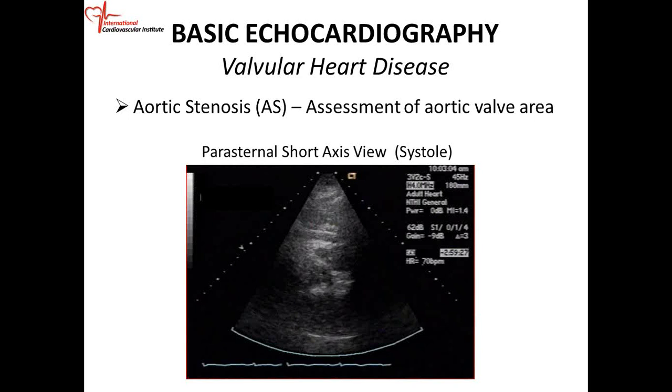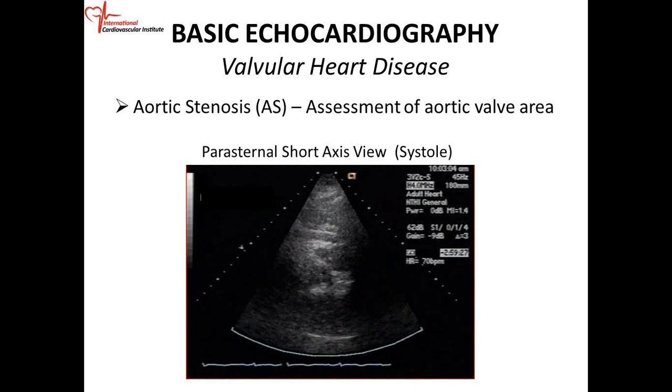If you can do planimetry, it's not a very accepted approach for valve measurement, but you can do it. The problem with planimetry is that if the valve is heavily calcified, it's difficult to trace the orifice. And with planimetry, you have to get the smallest area, so you have to do multiple assessments.